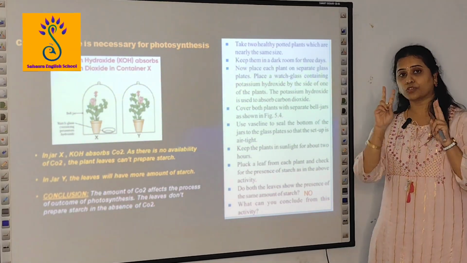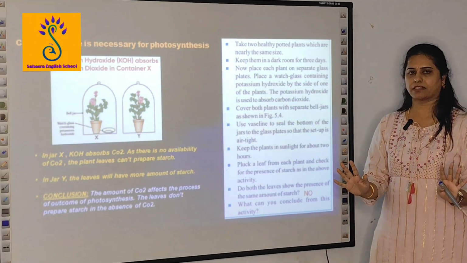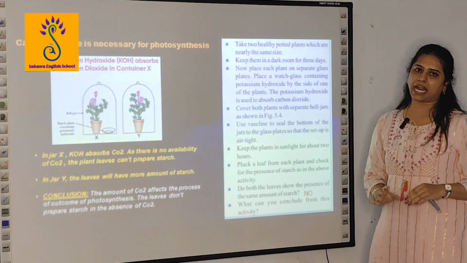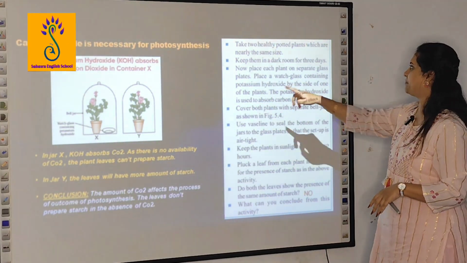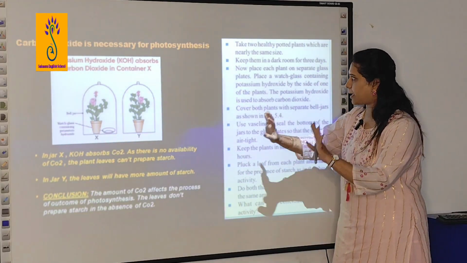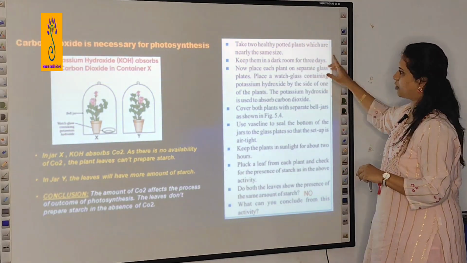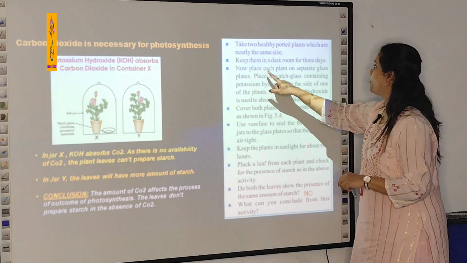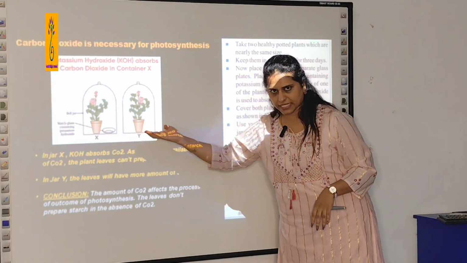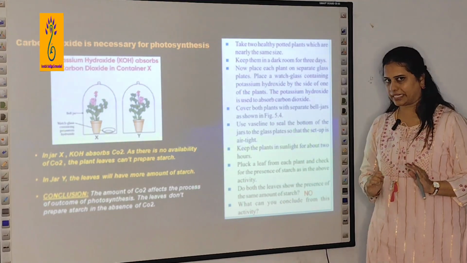Now we'll choose 2 similar plants, the same size and same kind, and keep them in a dark room for 3 days. Now place each plant in a glass plate.